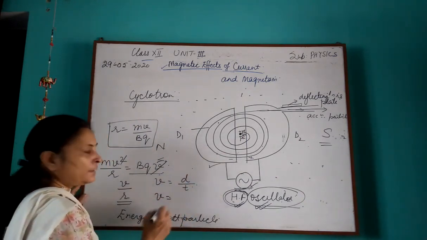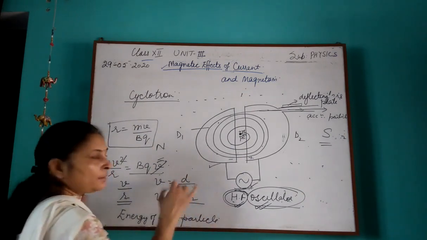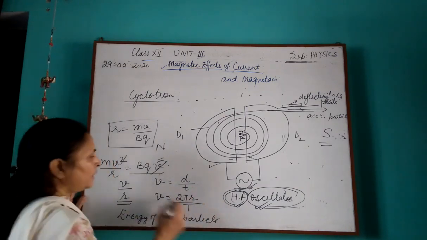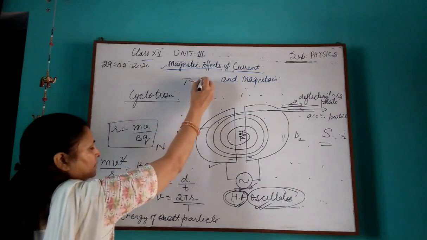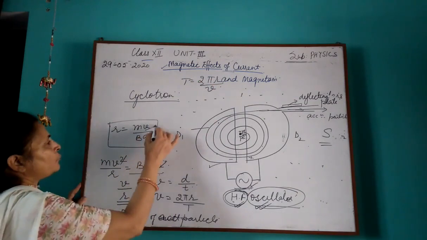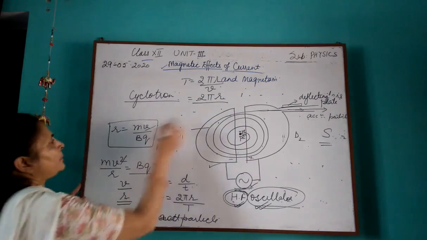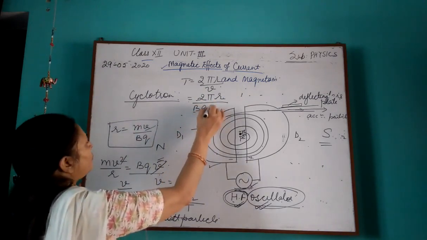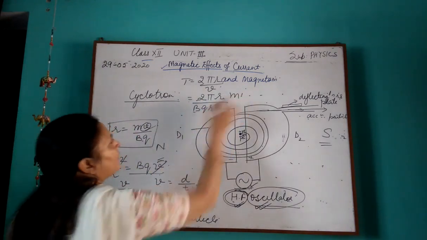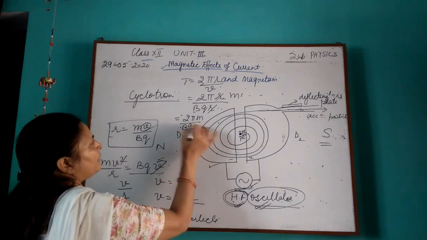For one circular path, distance covered will be 2 pi r, and for one path, time will be taken as time period T. So T can also be calculated as 2 pi r upon v. v you can substitute from this expression. 2 pi r upon v can be written as Bqr upon m. r and r will cancel out. You will get 2 pi m over Bq.